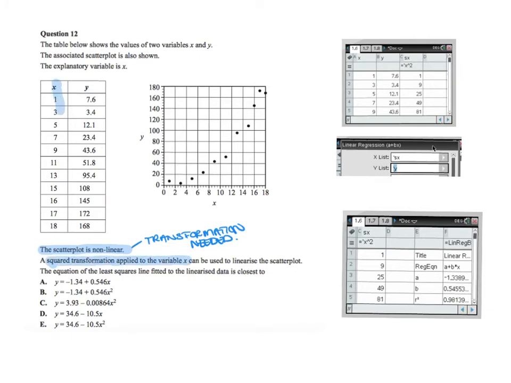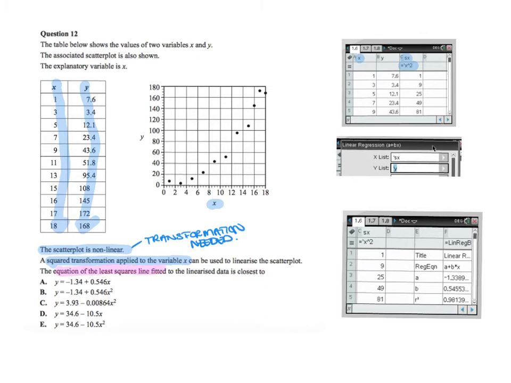So you've got your lists here, and you need to create an x squared list. So if you look over here on my calculator, I called it SX as in squared x, and then in the formula bar I told it to square the x values, and it's done that and created a list. Now the actual question is to find the least squares regression line.